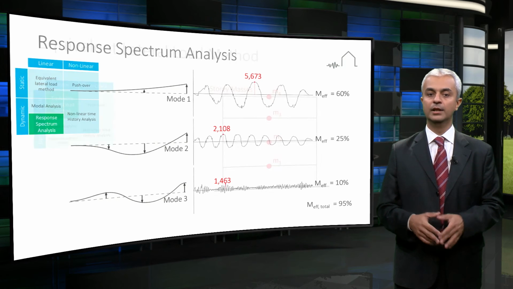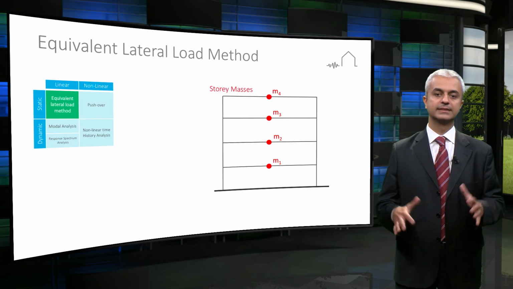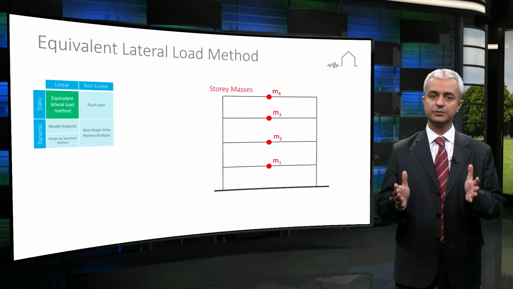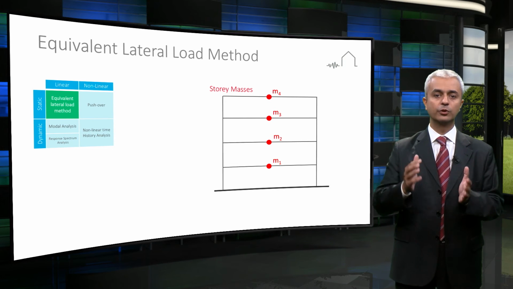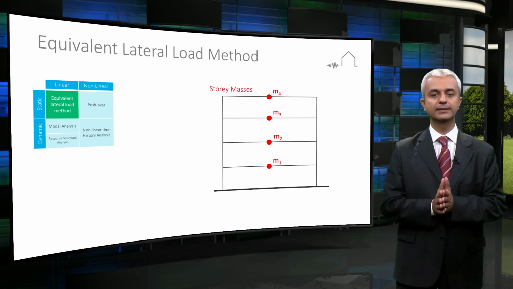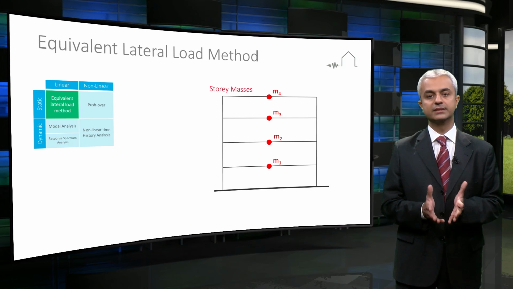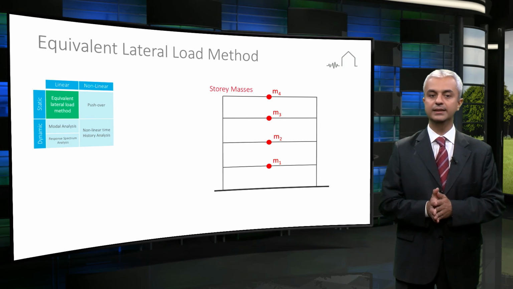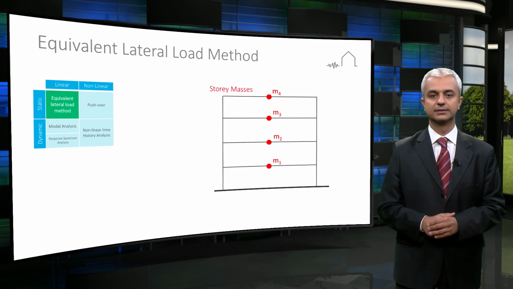For structures with a regular, symmetric configuration of their structural system, and with a limited total height, the contribution of the first mode is expected to be governing, which means that the modal participating ratio of the first mode shape is higher than 70 or 80%.